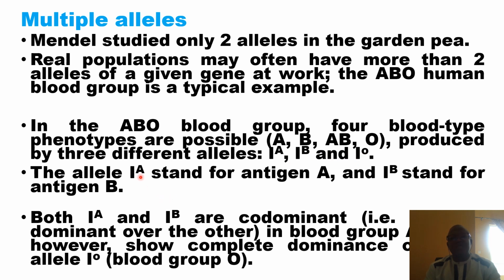Now, the I^A allele stands for antigen A, while I^B stands for antigen B. Both I^A and I^B are codominant. That is, they cannot dominate each other. And in people having the blood group AB, however, both of them show dominance over those carrying the O blood group allele.